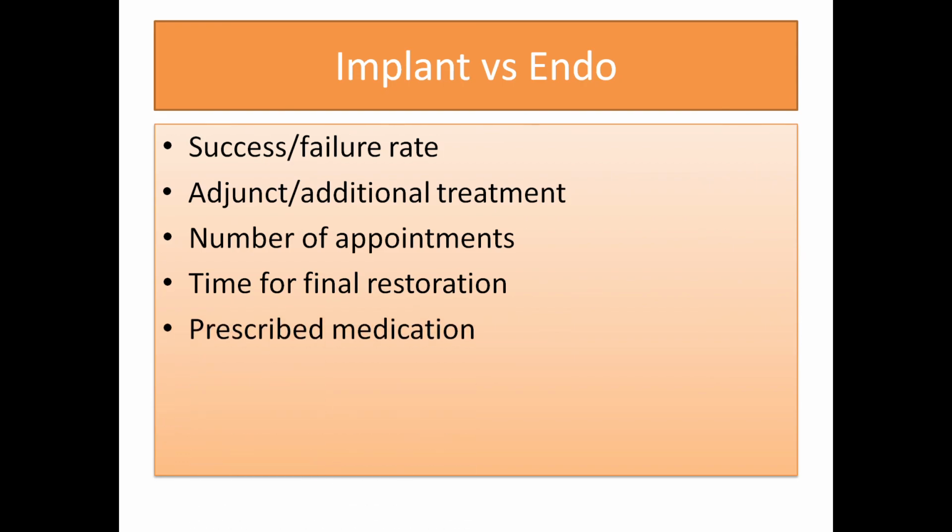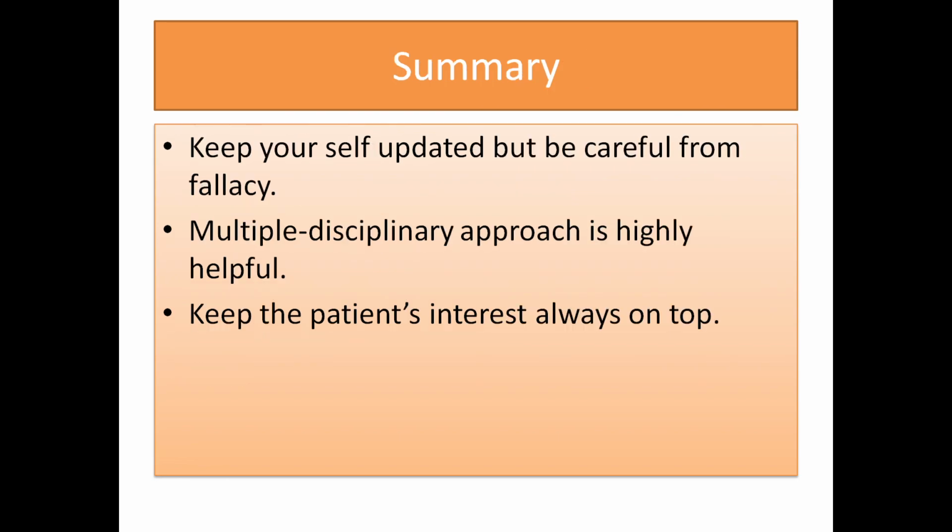Prescribed medication is more in implant, and no doubt cost is more in implant. So how you take these studies and how you use the literature is important, so that it does not misguide or mislead you. In short, keep yourself updated, but be careful of fallacy.